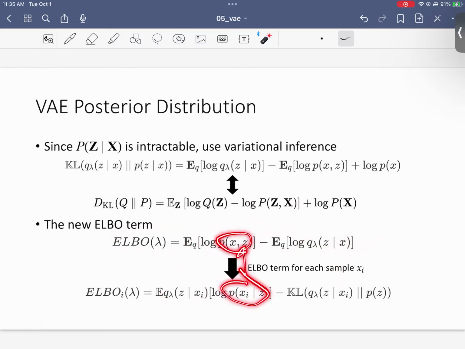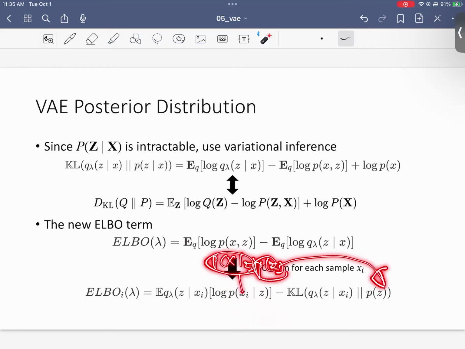Why did it change? Because if you look at this, this will be P(X|Z). For example, if you have P(Z) here and you divide it into P(X|Z) P(Z), then this P(Z) goes here, and you're left with P(X|Z) here, right?